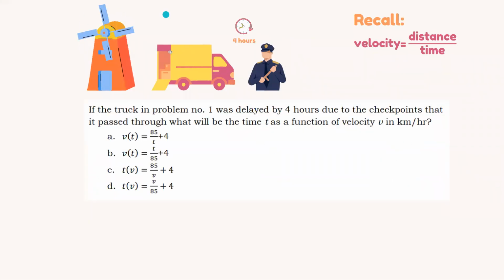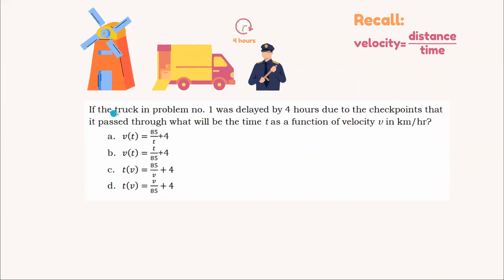Now, how about let's look at this scenario. If the truck in the previous problem was delayed by 4 hours due to the checkpoints that it passed, where the police check the truck, what will be the time t as a function of v?